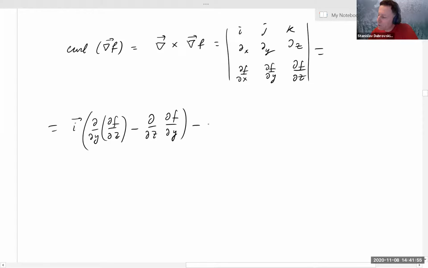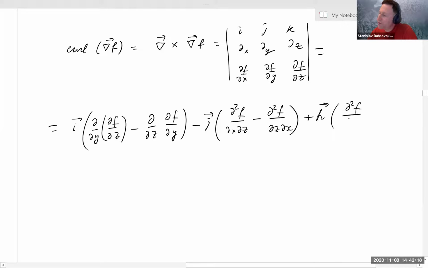For the second, partial x of df/dz, so second partial f dx dz, minus partial z of df/dx, so second partial f dz dx. Finally, plus k, we'll have the same for second partial f dx dy minus second partial f dy dx.